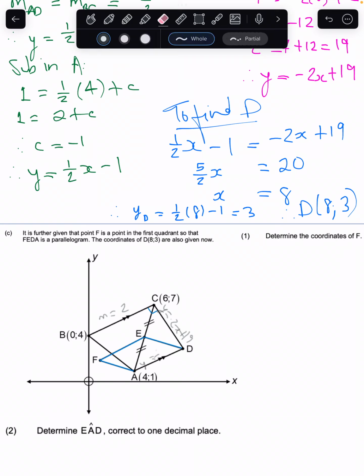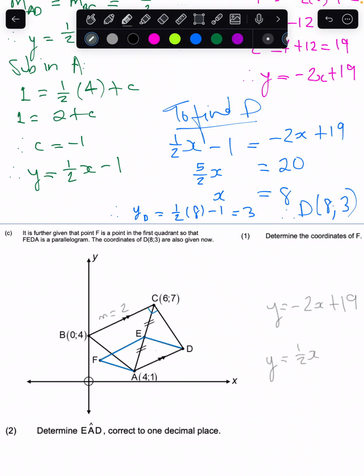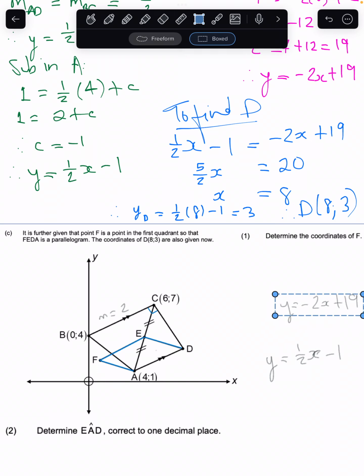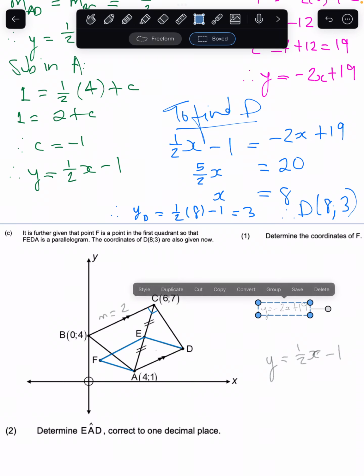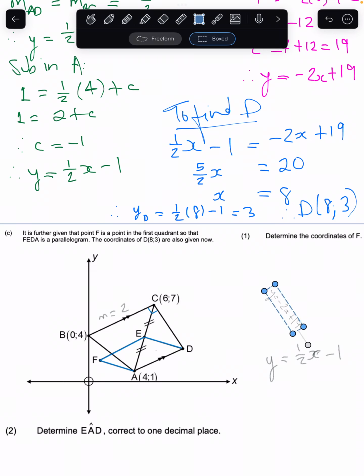Okay, this is not working out for me. I'm just going to write it nice and big over here, away from the picture. Y is equal to -2x plus 19. It's the first one. Y is equal to 1/2x minus 1 is the next one. Okay, and then I would like to rotate it.